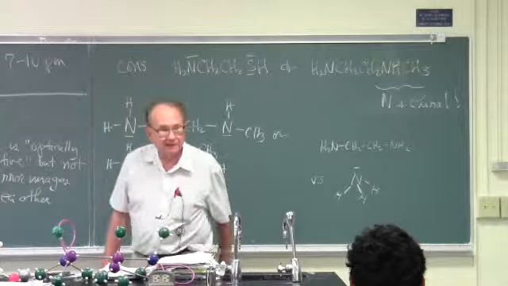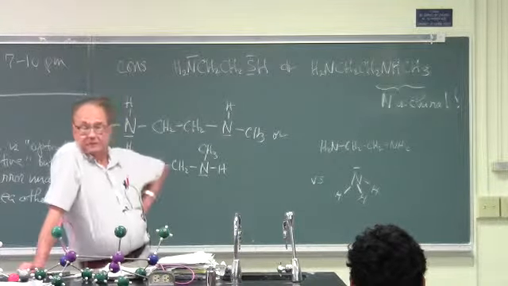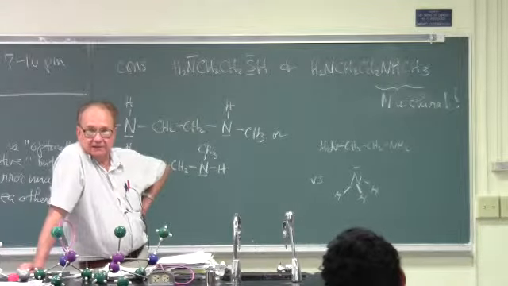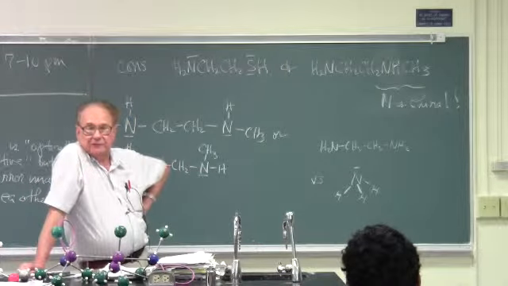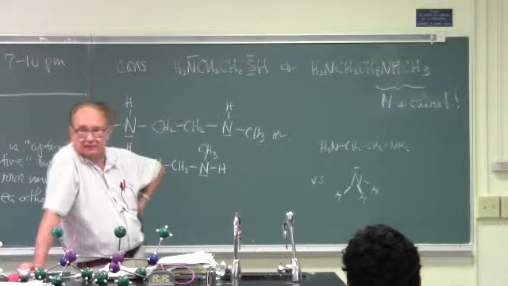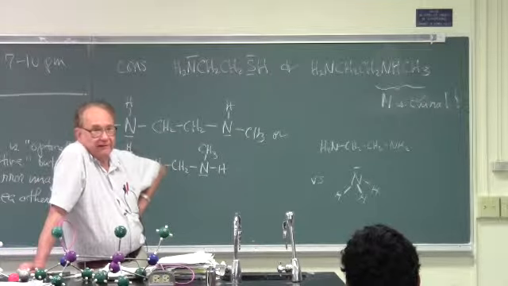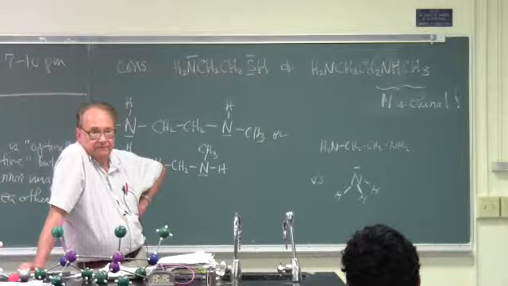How does the polarity of an NC bond compare to that of an NH bond? Are the electronegativities of hydrogen and carbon kind of close? Yes. Kind of close. Hydrogen, you remember what the electronegativity of hydrogen is on the Pauling scale? 2.1. Carbon 2.5.